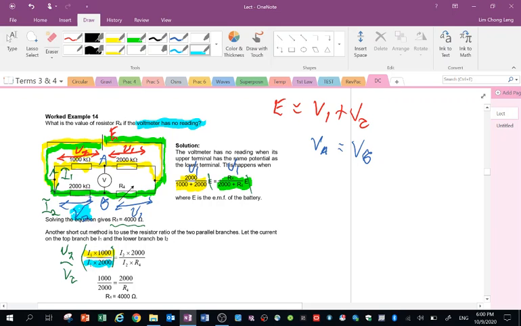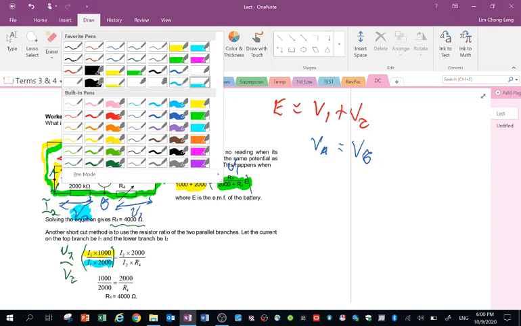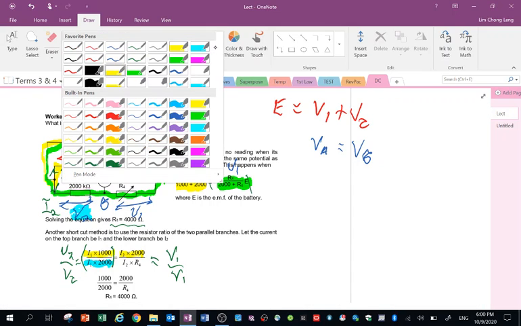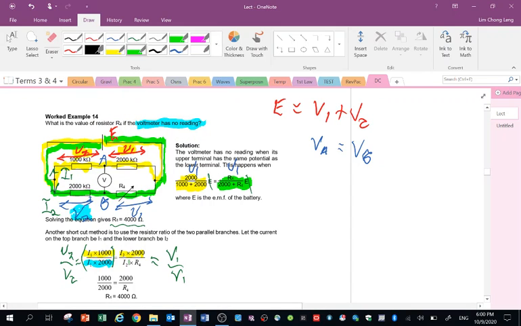So this V2 divided by V2, this part is V1 divided by V1, the yellow part on top and the green part at the bottom.